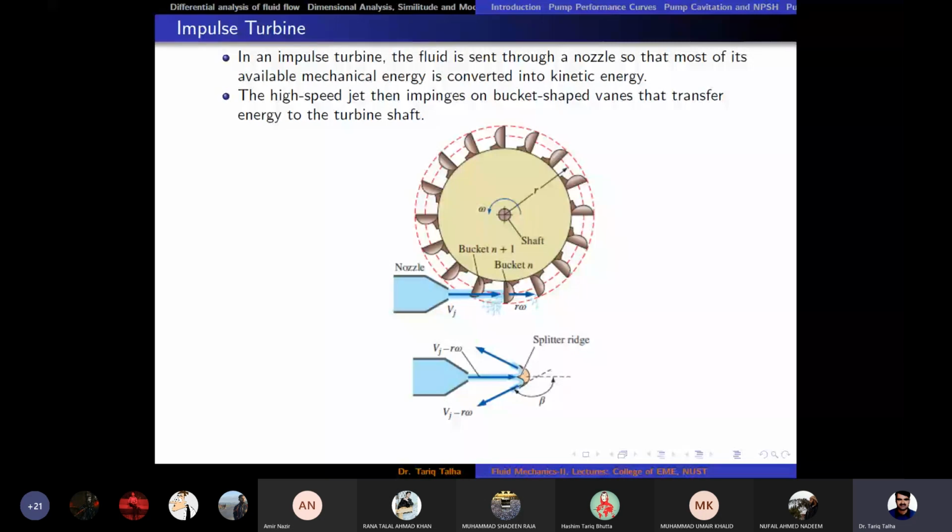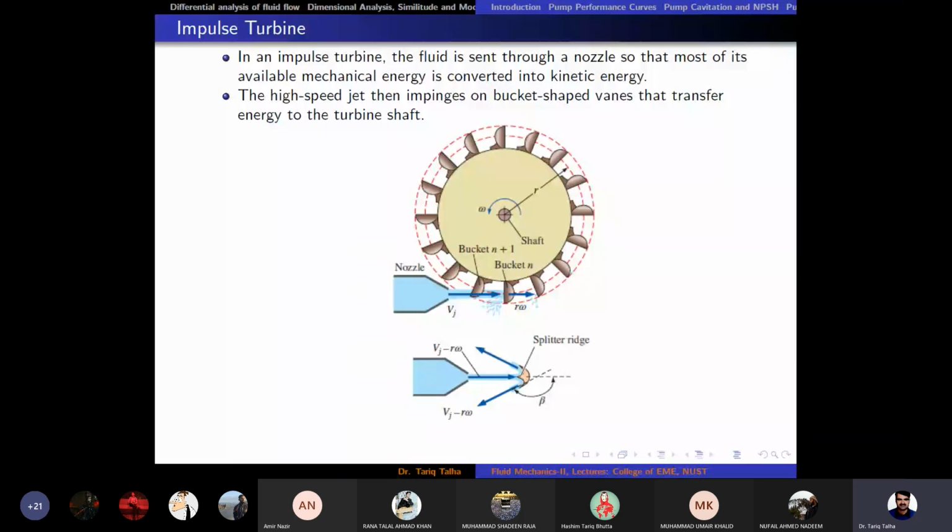As I told in the introduction for the impulse turbine, we use a nozzle, and all the pressure is converted into kinetic energy of the jet in the nozzle, and there is no pressure change when the fluid hits the bucket or blade of the impulse turbine, and then there is an impulsive force. Impulsive force means that it is generated due to the changing direction of the jet.